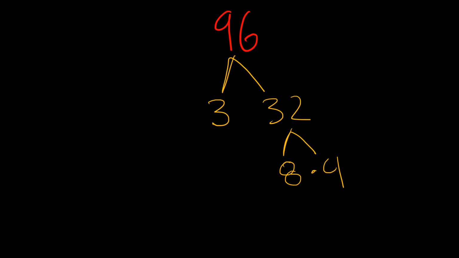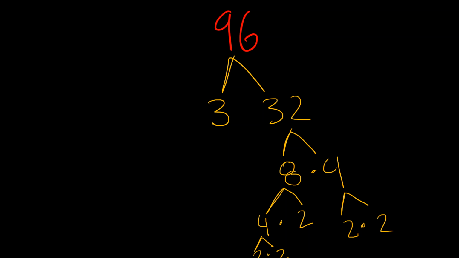So now I have 8 and 4. They can both be broken down more. 4 can be broken down into 2 times 2, and 8 can be broken down into 4 times 2. And again, this 4 can be broken down into 2 times 2. So the answer for the prime factorization of 96 is 3 times 2 times 2 times 2 times 2 times 2.